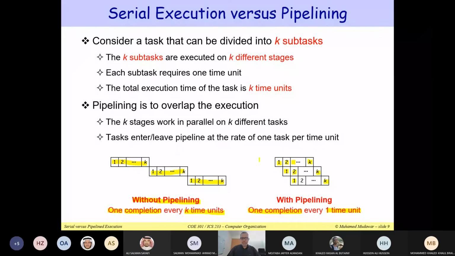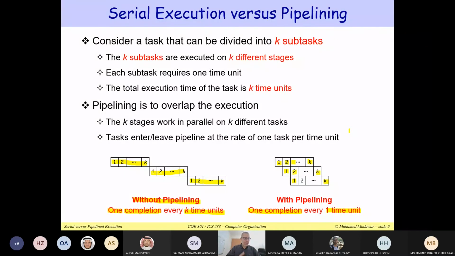Do you have any question about the concept of pipelining? So we have seen pipelining as a simple example last time, which is related to the laundry example. Even as human beings, we can try to reduce the execution time.